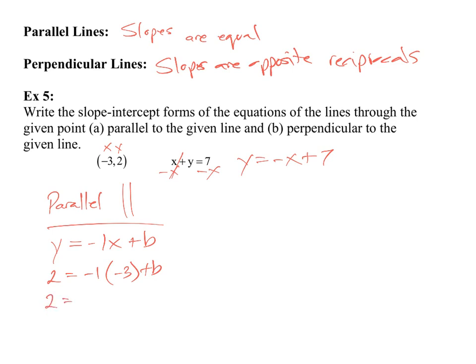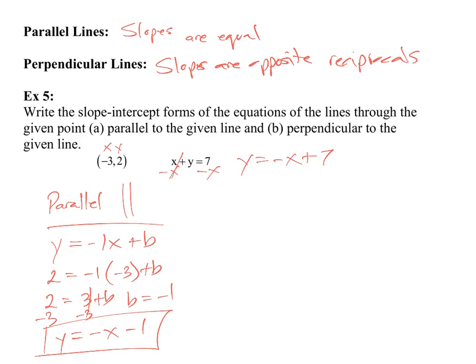So 2 is equal to 3 plus b, subtract 3, b is equal to negative 1. So plugging the b value in, I get y is equal to negative x minus 1. So this equation is parallel to the graph of that equation.